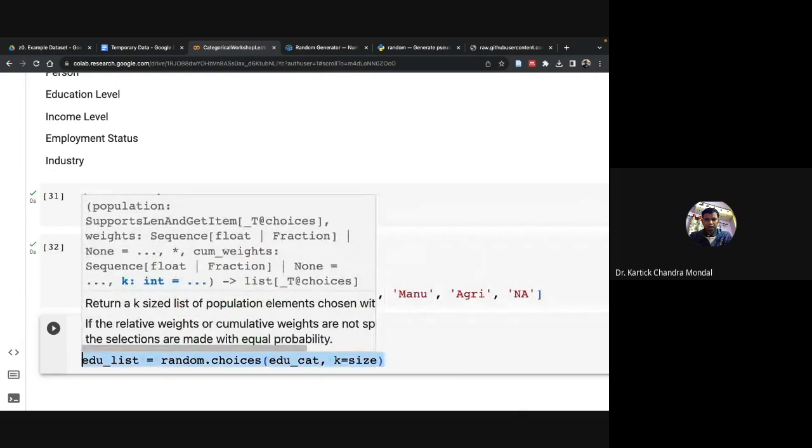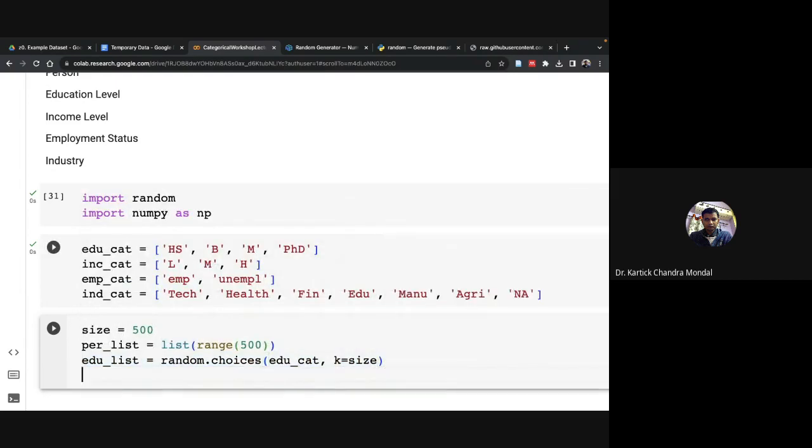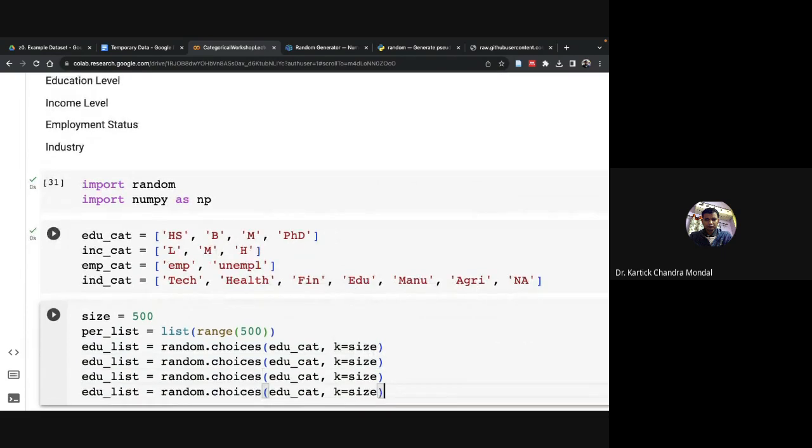Okay, so I will copy this. How many times? 4 times. And the first one is edu, next one is income, third one is employment, fourth one is industry.